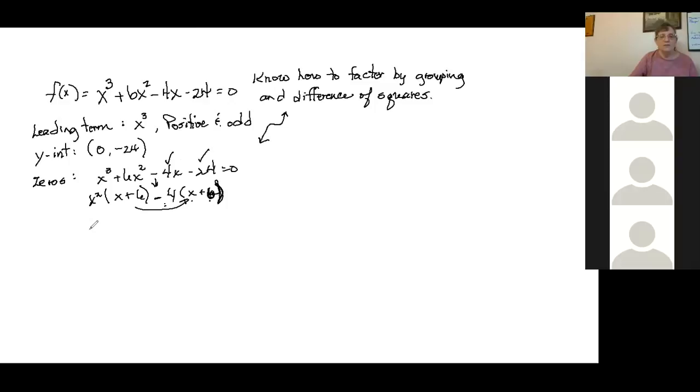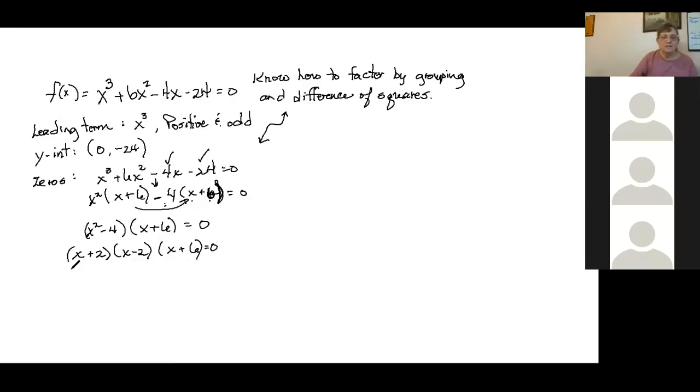So this factors as x squared minus 4 times x plus 6. Still trying to solve where it's equal to 0. This is a difference of squares, and we'll factor again. So this is x plus 2, x minus 2, factors into the conjugates, times x plus 6 equals 0.